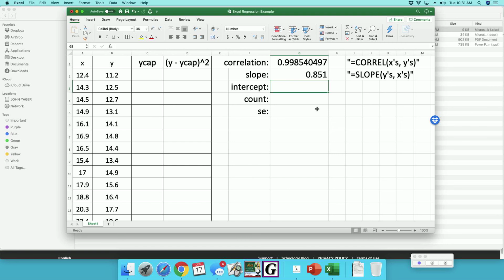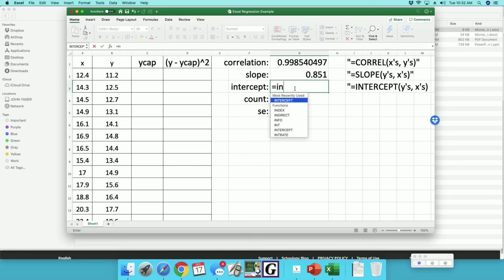All right, now let's get my y-intercept. The y-intercept is INTERCEPT, and you put the y's in first, then the x's. So equals INTERCEPT, I found it.